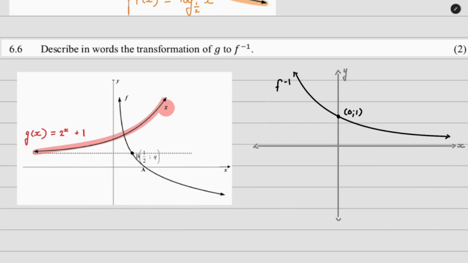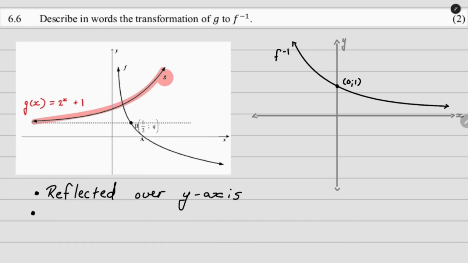So there's our first transformation. And then the second transformation is basically we've got to move this asymptote down on the x-axis. So this one already has its asymptote on the x-axis. So to move that down to the axis, we just need to move it 1 unit down. So we just say translate 1 unit down.